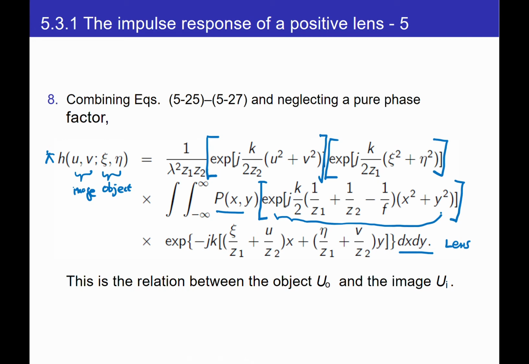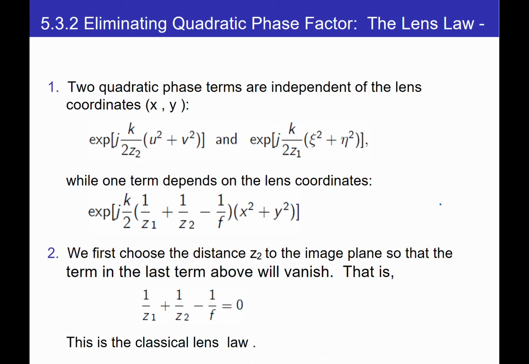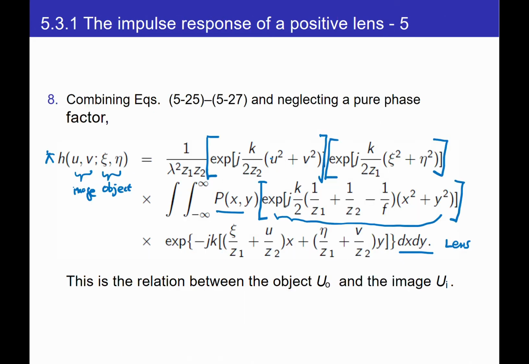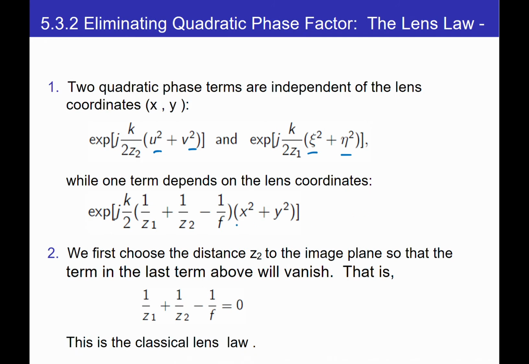We have to do something about this, and then we can reduce this rather complicated relationship into a simpler one. First, the two quadratic phase terms, u squared plus v squared and xi squared plus eta squared, are independent of the lens, and only one term depends on the lens coordinate.